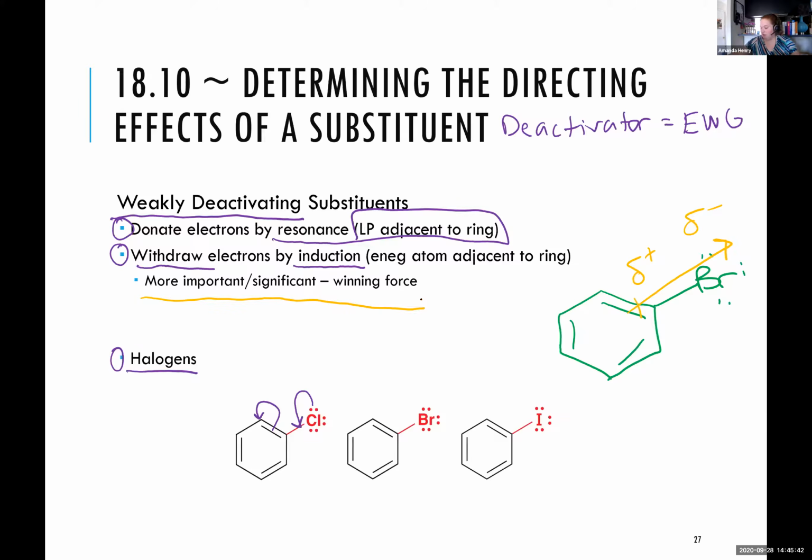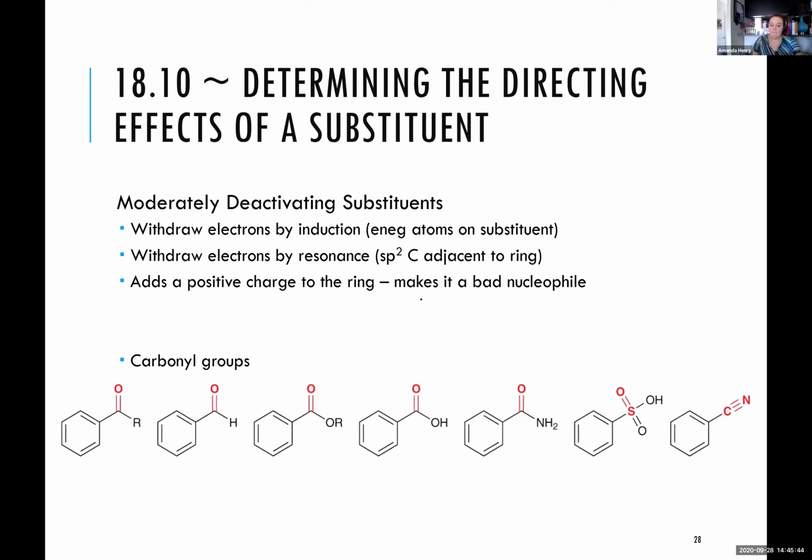Okay, then let's look at moderate deactivators. So our moderate deactivators are carbonyls. Essentially we've seen these before, but flipped the other direction. What I mean by that is we've seen esters before, but that single bonded oxygen was on the benzene side, and this time it's on the opposite side.